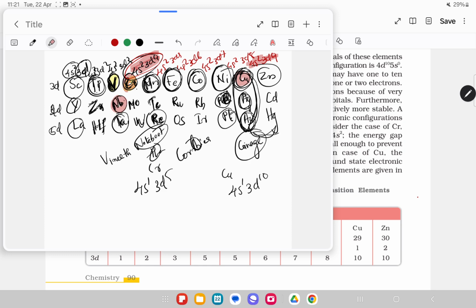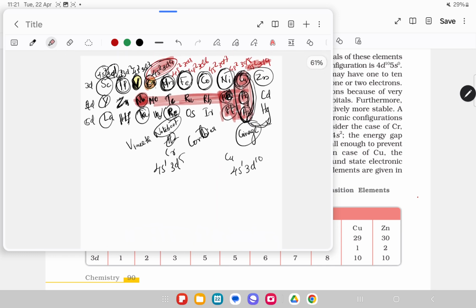So we can say that where abnormalities come, it will always start from notebook, meaning niobium. Remember, start from niobium and it will go all the way to here, as well as here. Here also it will be there. Now how will you learn?